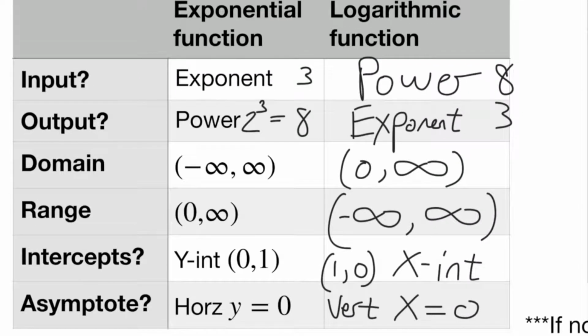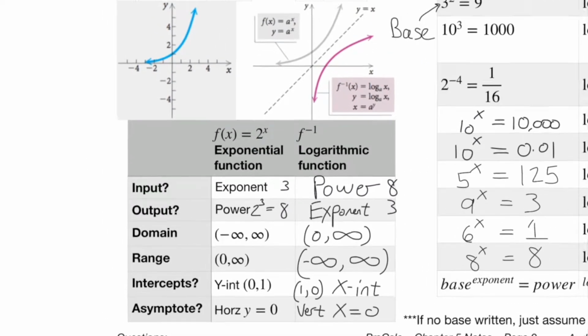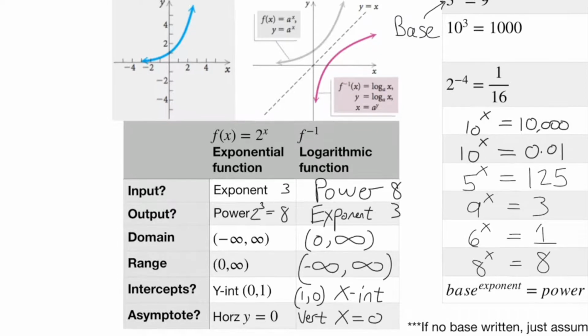The exponential function is always going to have a y-intercept of (0, 1), and therefore the logarithmic function is always going to have an x-intercept of (1, 0). The exponential function is always going to have a horizontal asymptote of y equals 0. Let me describe these on the graph.